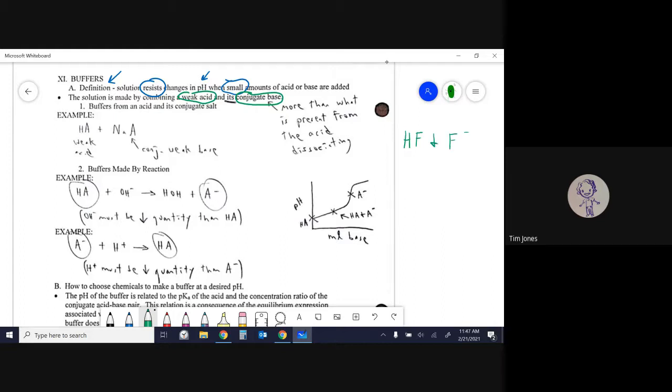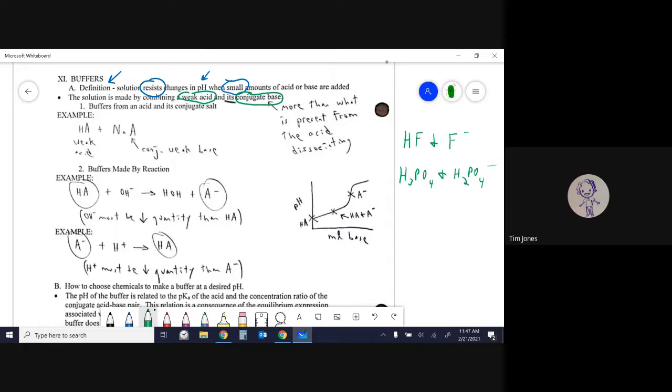Or you could take the weak acid phosphoric acid and its conjugate base, dihydrogen phosphate. And there are many combos like that. Now, the pH that these solutions would have would vary, and we'll get into how to figure that out. But both of these systems here would be considered buffers.